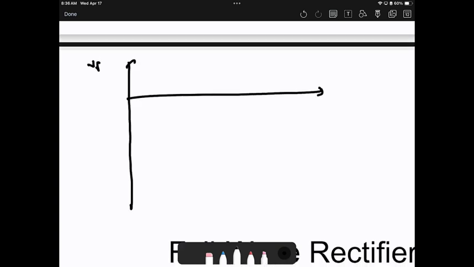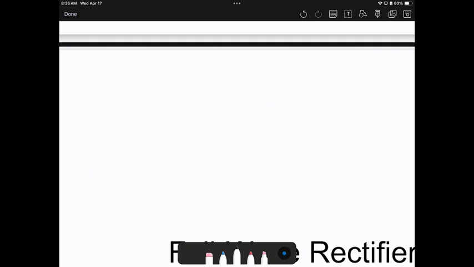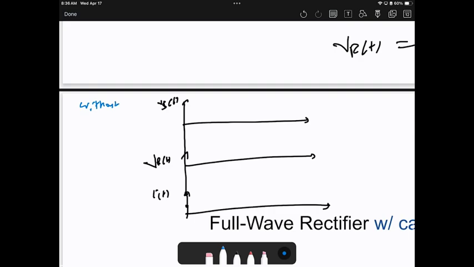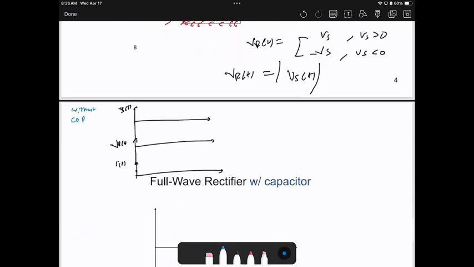This is Vs of t, Vr of t, then I of t. Here without capacitor, which is still application number 3 without capacitor.